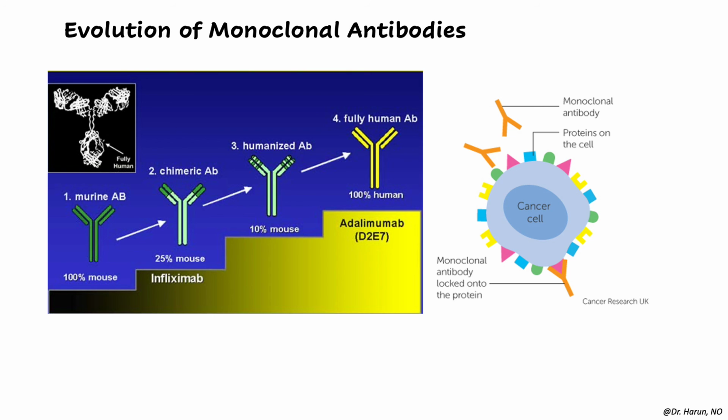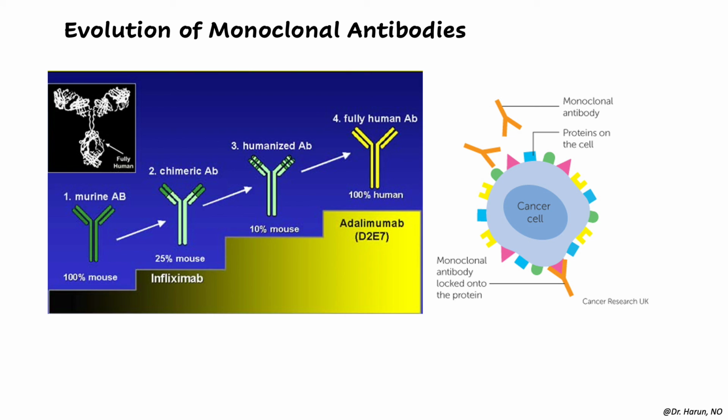For example, like adalimumab D2E7, and as you can see from Cancer Research UK, this is how it looks like of the cancer cell, and then how the monoclonal antibodies are used to treat the cancer cells.